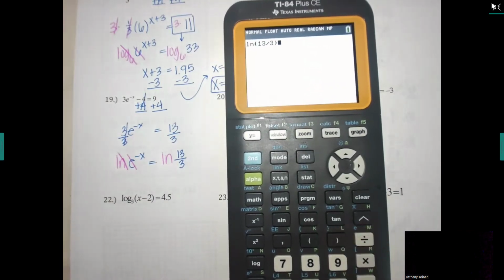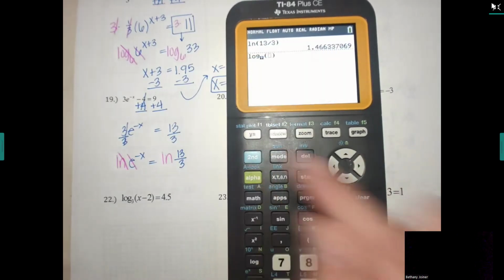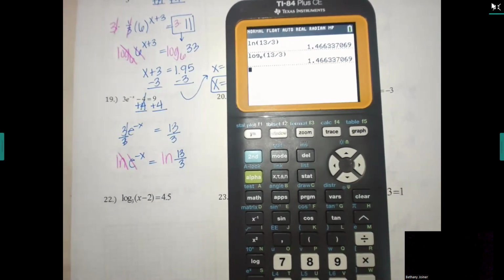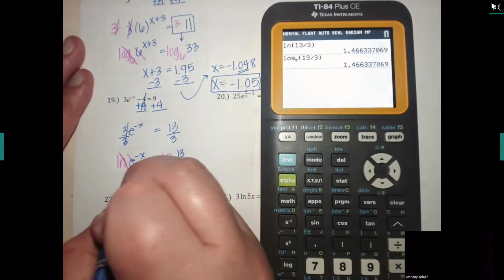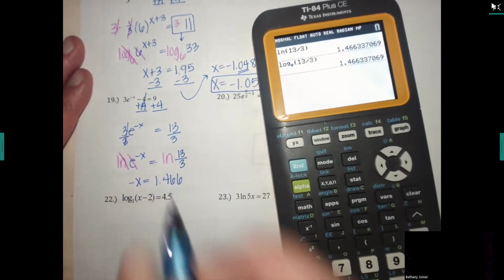Now remember, if you remember that ln is a log little e, you could also do it this way, but your little box would have to be an e. And you see how the numbers come out the same either way? So it really doesn't matter. The ln shortcut's obviously easier, but if you forget about it, log little e will work. Okay, from there, my negative x equals a negative 1.466.